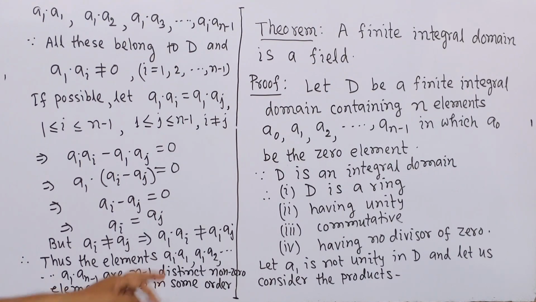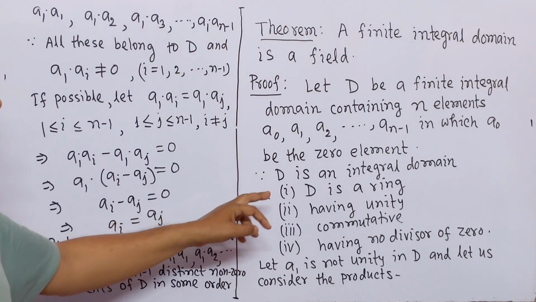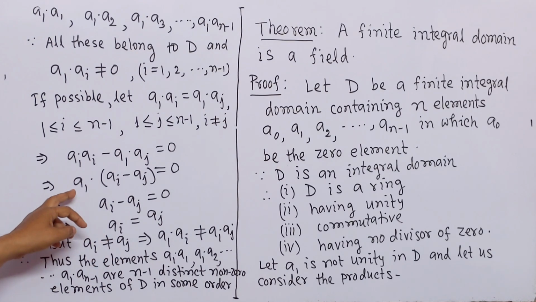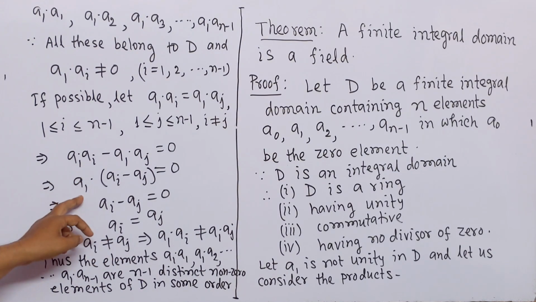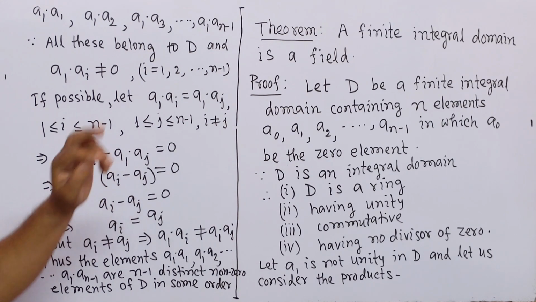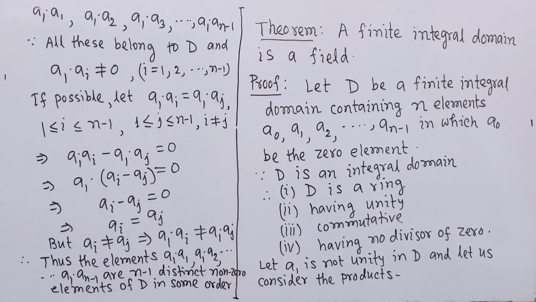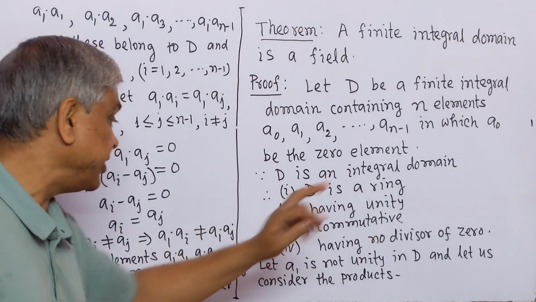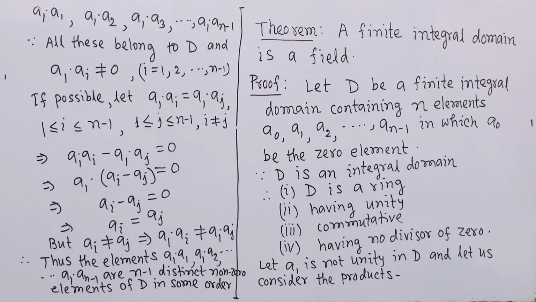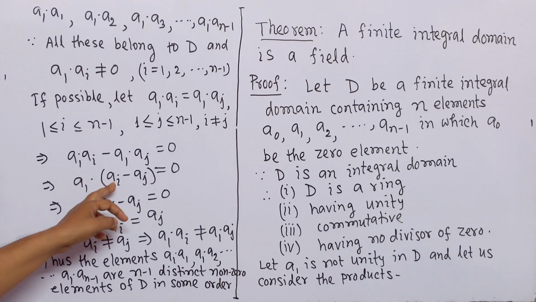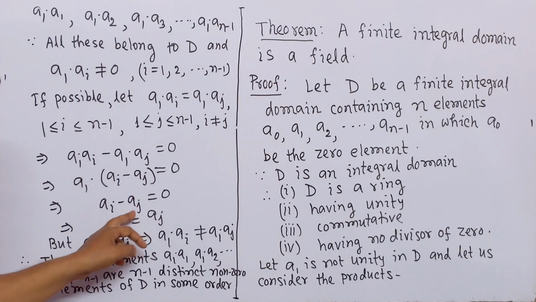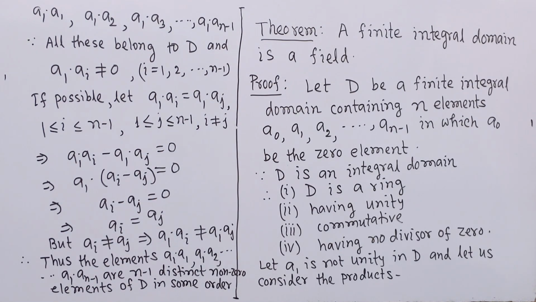Since D is a ring, it is distributive. This means a1·(ai minus aj) equals 0. Since D contains no divisor of 0, and a1 is not the 0 element, hence ai minus aj equal to 0 implies that ai equal to aj.